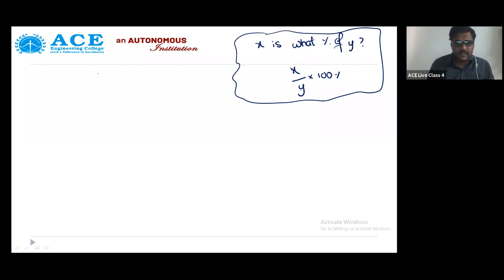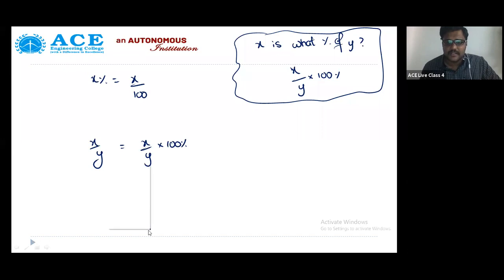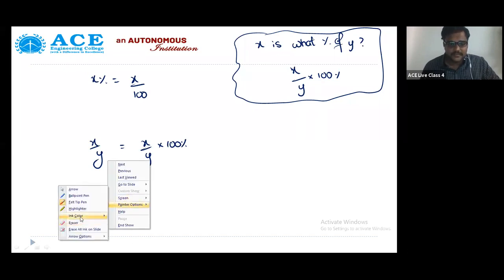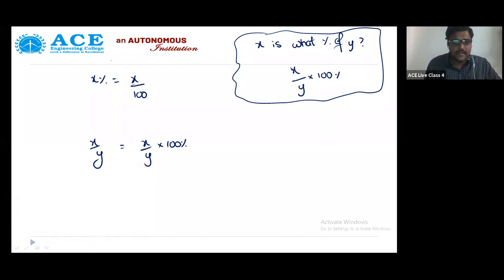In some questions, you have to convert percentage into fraction or fraction into percentage. Suppose you have x by y. If you want to convert it into percentage, you should write x by y into 100. This is fraction to percentage. If any integer or fraction is there and you want to convert it to percentage, you should multiply with 100.